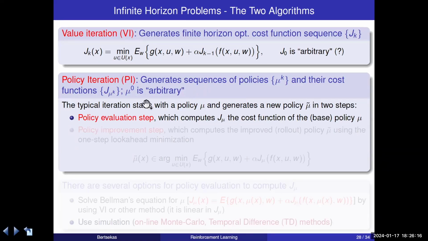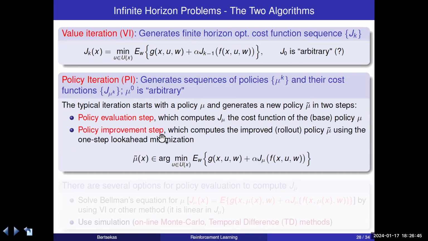And the typical iteration starts with a policy and generates a new policy in 2 steps. I gave this algorithm in the context of AlphaZero. This is the AlphaZero algorithm, TD-Gammon algorithm, except with approximations. The first step is policy evaluation. We compute the cost function of this policy, which I generally refer to as base policy.